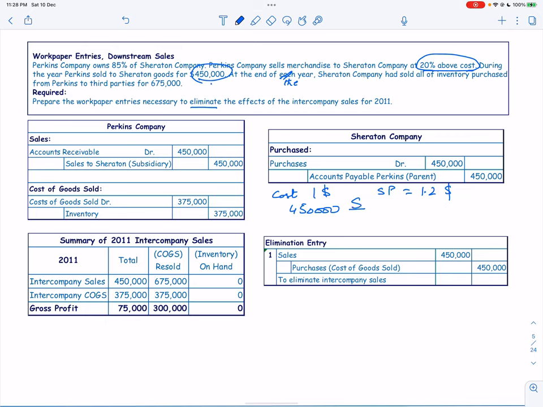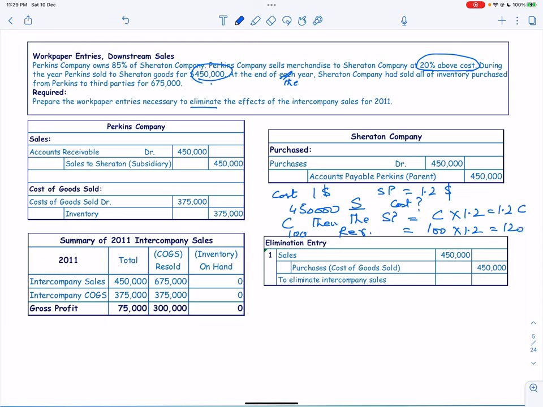This is the sales, but the cost we do not know. So if the cost is C, then the selling price is C times 1.2 because it is 20% above cost, that is 1.2C. And if the cost is 100, then the revenue is 100 times 1.2, that is 120.